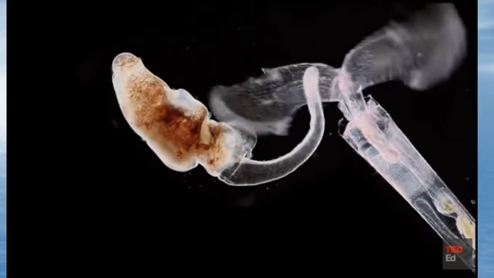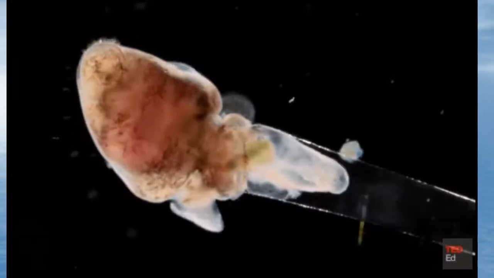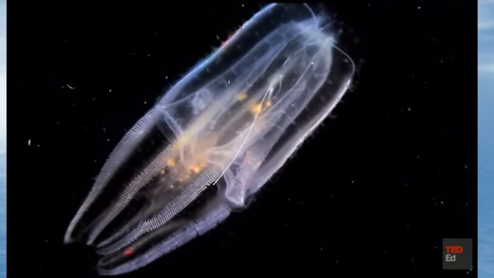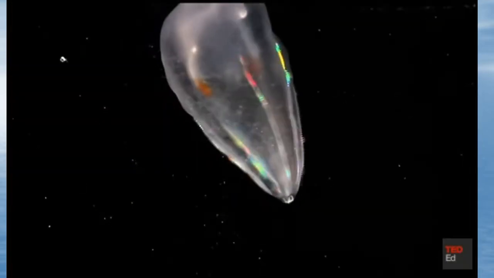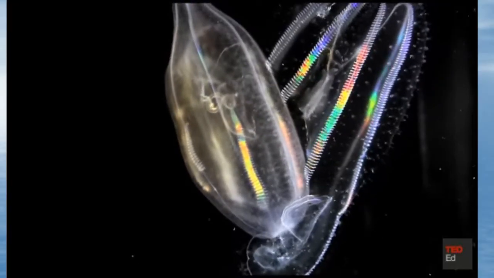Cannibals, like this sea butterfly mollusk that eats its next of kin. And comb jellies that beat cilia like rainbowed eyelashes. Some of these snare their prey with sticky tentacles, while others just take a bite out of their cousins.